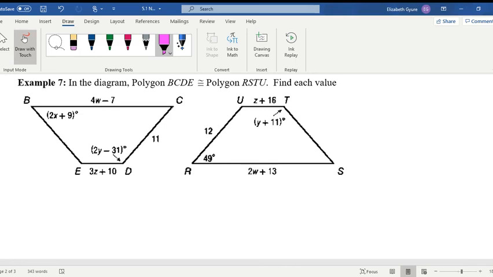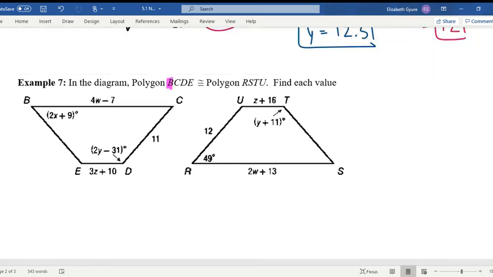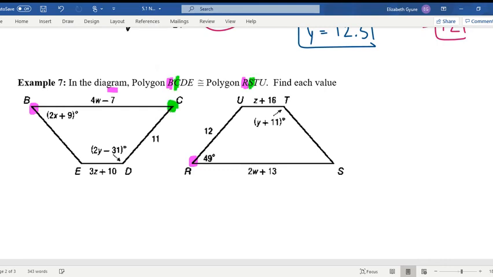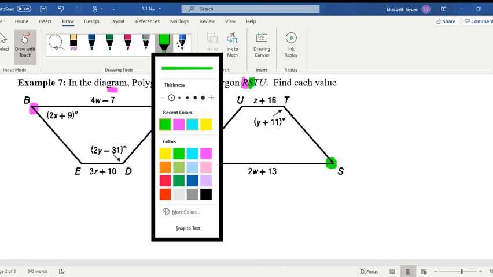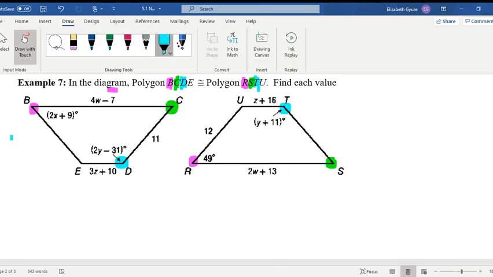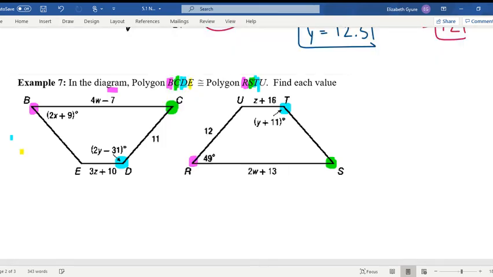But if you look at your congruency statement, B goes with what? B goes with R. Bridger, you awake back there? B goes with R. And then C goes with S. D goes with T. Yeah, D goes with T. And then here's D, here's T, and then E goes with U. This is a good example of don't ignore your congruency statement.